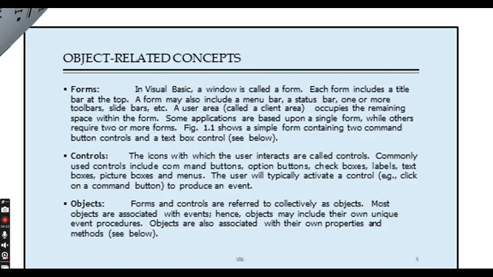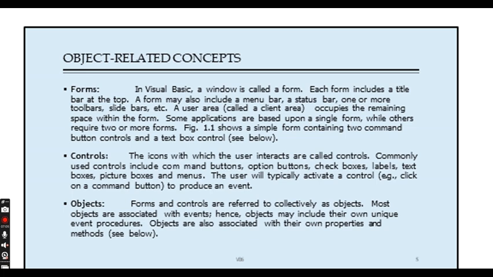Let us look at these different terms in our Visual Basic. One, we have forms. A form in Visual Basic is a window. Each form includes a title bar at the top, and it can also include a menu bar, a status bar, one or more toolbars, slide bars, and many more.